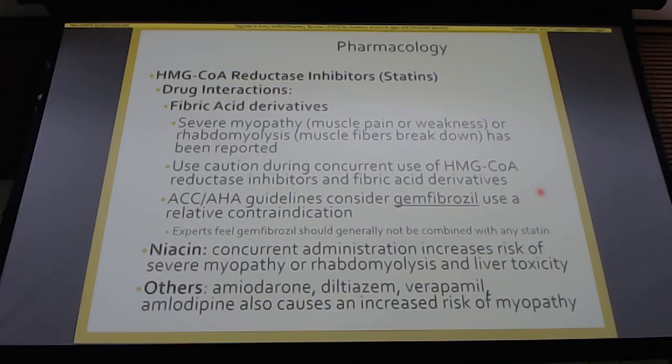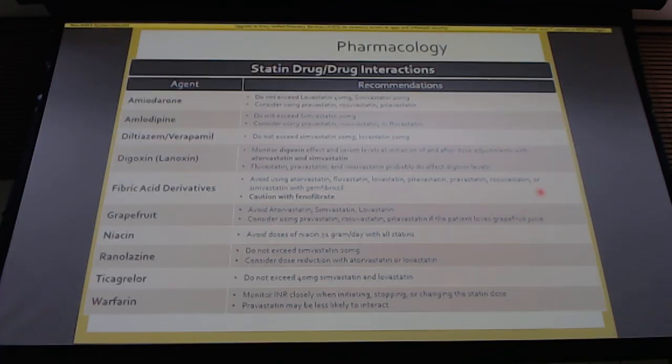If you see them on this combination, then look and see who prescribed it to see if it was the same person, and then check on your patient, do your labs, see if they have elevated CK from their baseline, see if they have any type of muscle pain. Okay? If they don't, then you're okay. It's not like they're going to die from it. This is a summary essentially telling you all of the different interactions that we have, some of these that we already saw on the slide. I want you to know the agent that has the interaction, not the recommendation.